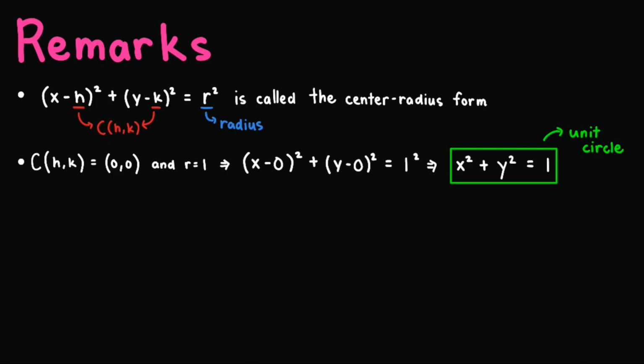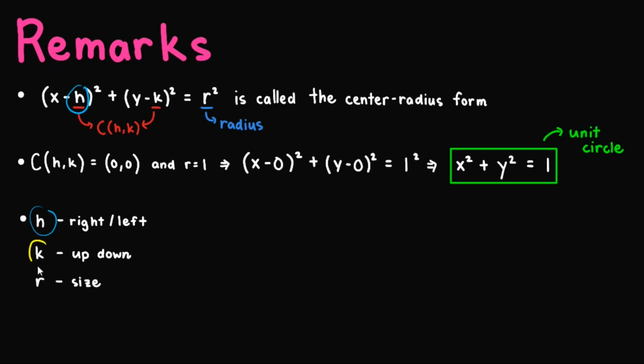Lastly, take note that the h out here refers to the translation of the circle from right to left, or it's like moving a unit circle to the right then to the left.